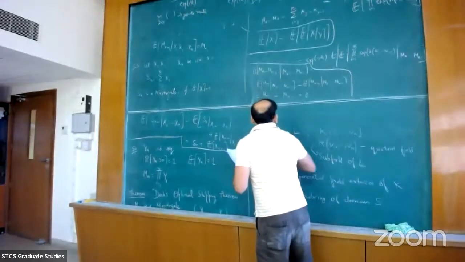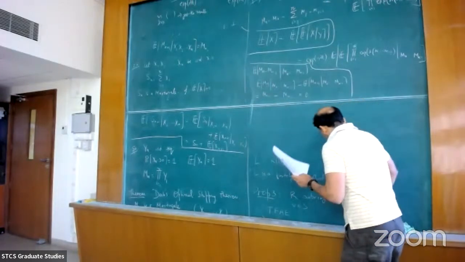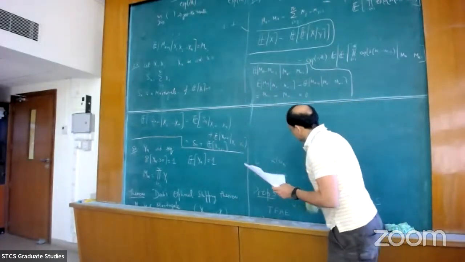And in addition, what I assumed is that the difference m_i minus m_{i-1}, for all i, is less than or equal to C_i.